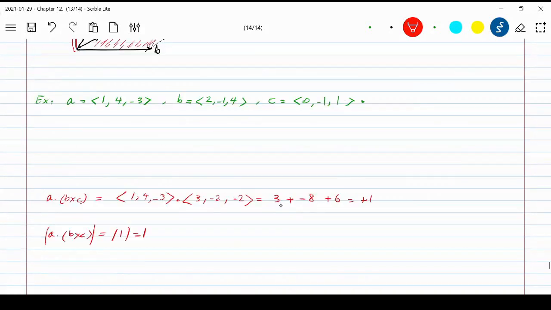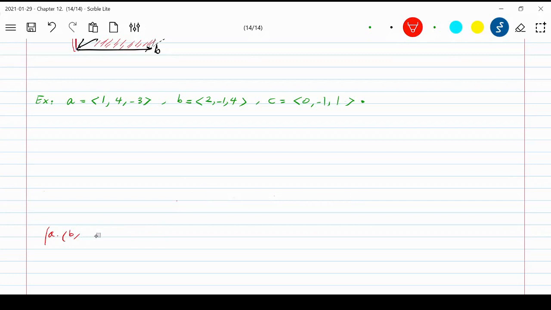So here's an example. Sorry, I redid this example just earlier on, and I forgot to erase the solution. So let me erase this stuff. Okay, so you're given three vectors and they ask you to find the volume of the parallelepiped created by these three.